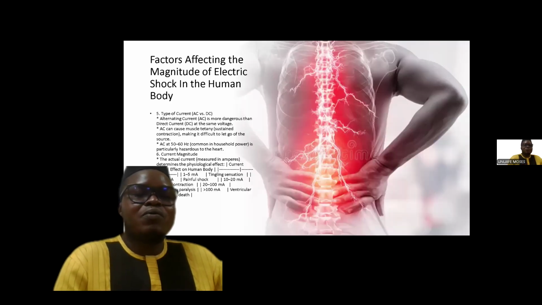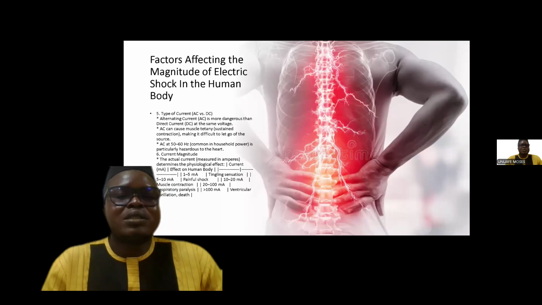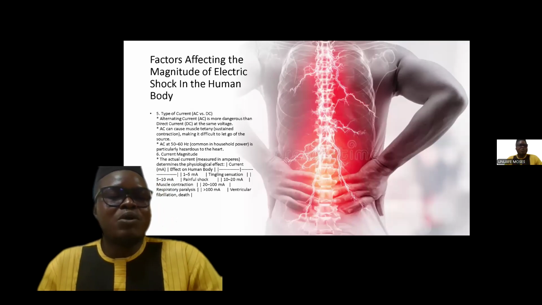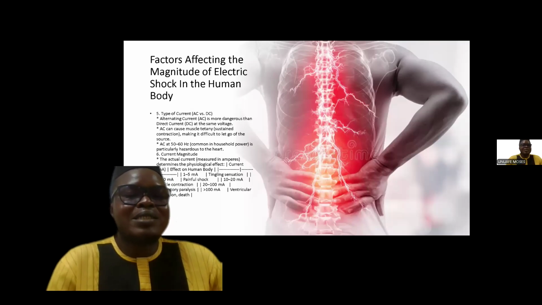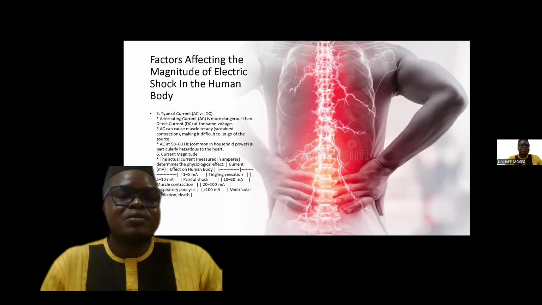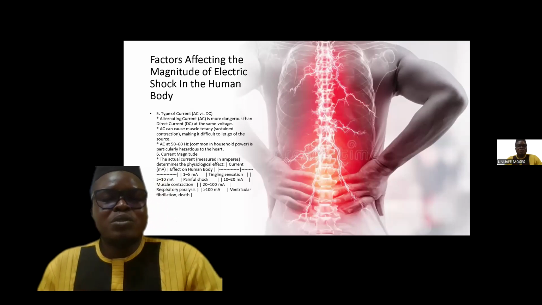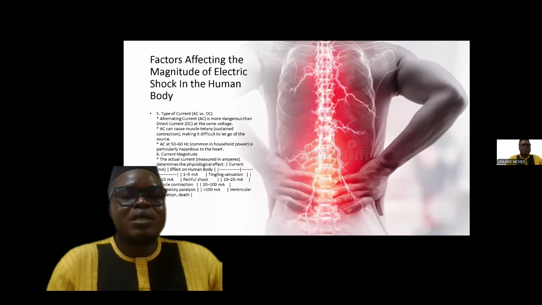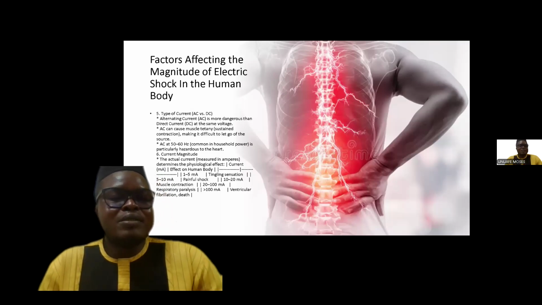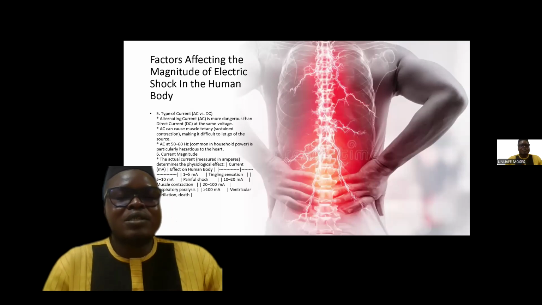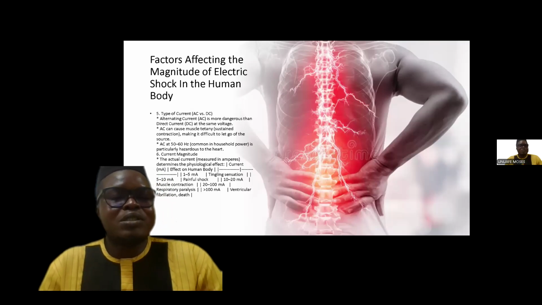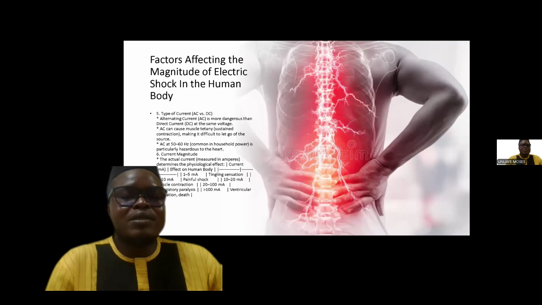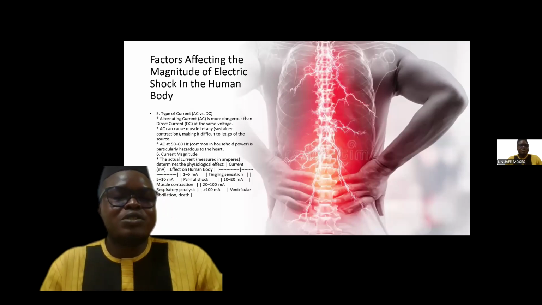There are also other factors that affect the magnitude of electric shock. One of them is the type of current. We have two types of current here, the AC and the DC. Alternating current, AC, is more dangerous than direct current, DC, at the same voltage.